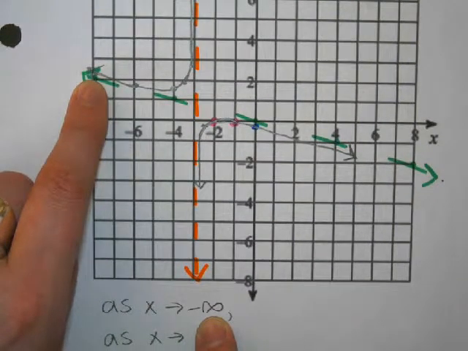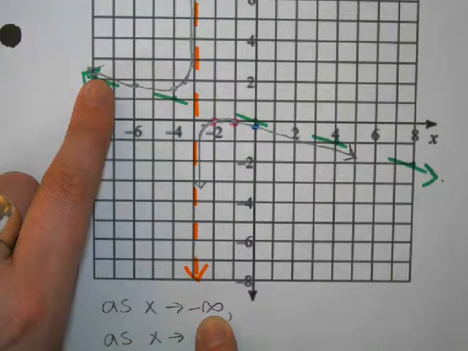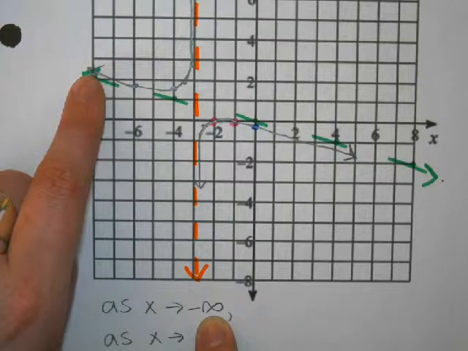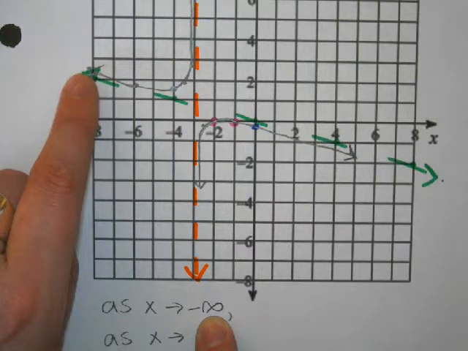So the x value is going to the left. What is the y value doing? Is it going up or down? It's going up, just not very quick, right?